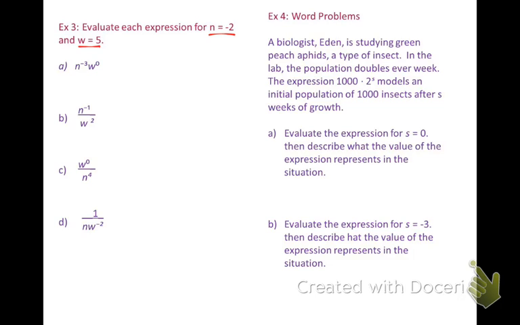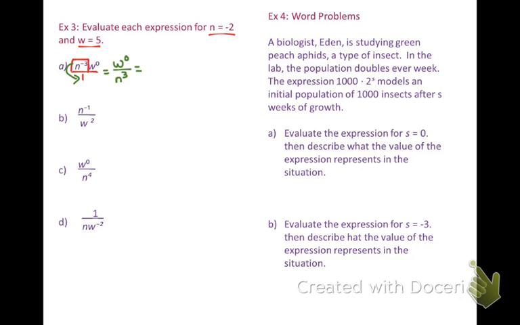So I'm going to make it a fraction and put the variables where they need to go. So I'm going to box up n to the negative 3. Since it's a negative, I'm going to bring it to the bottom. So it's w to the 0 power and n cubed now.